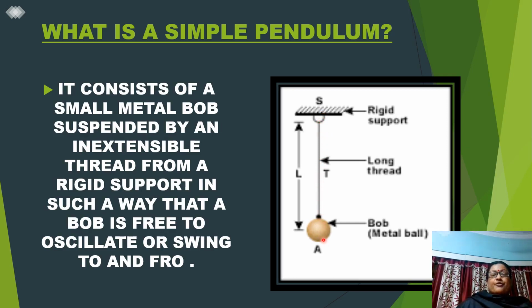Now, to and fro motion, if you remember for oscillation, if it is able to move like this, then this whole setup is known as a simple pendulum. Now let's go on to the next slide.